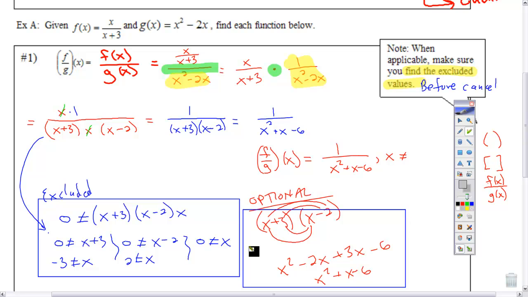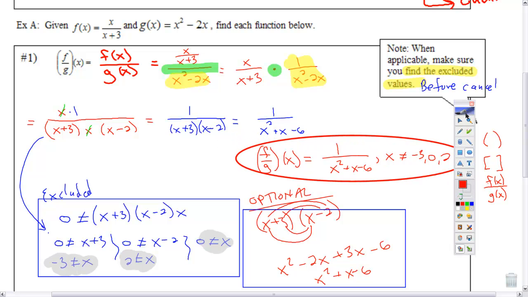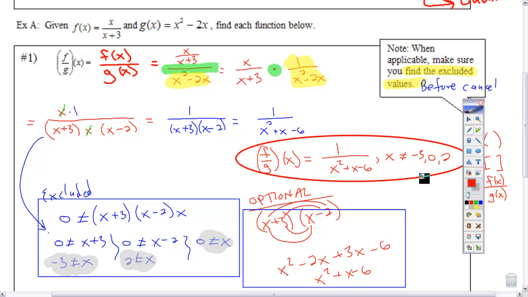We found those excluded values down yonder. X can't be -3, can't be 2, and it can't be 0. So we simply say x can't be -3, 0, and 2. That makes this here our answer for number 1. That's division.